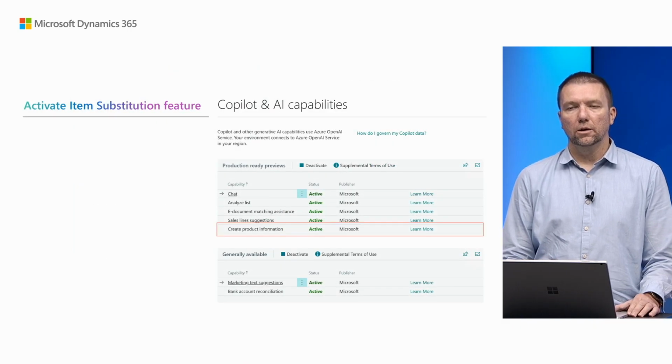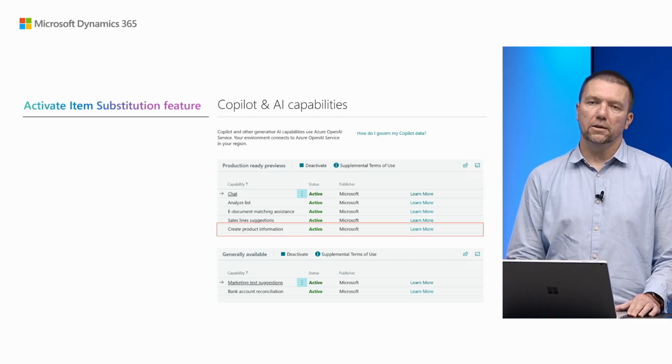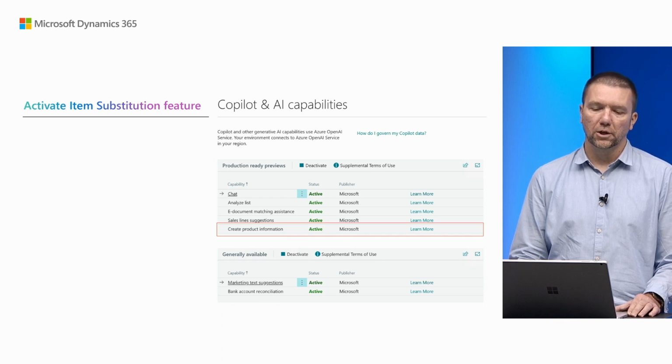Now let's take a look at how we can activate the item substitution feature. Similar to other Copilot capabilities, there is a page called Copilot and AI capabilities, and in order to activate the item substitution feature, you need to enable the item called Create Product Information. Yes, this sentence looks like a bug, but it's actually not.